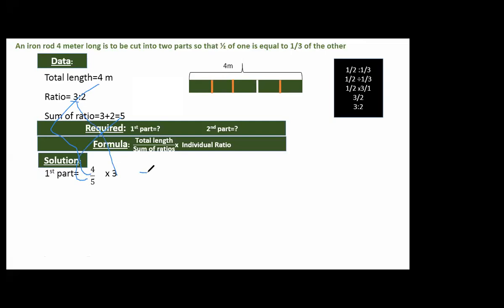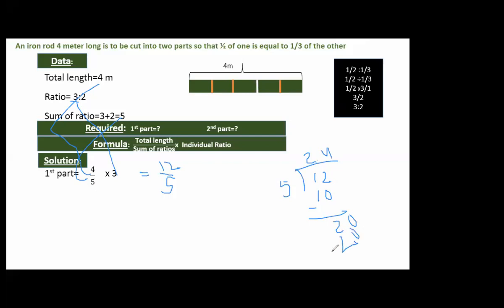So 4 threes are 12 over 5. 12 over 5 means I can divide 12 by 5. 5 twos are 10, so I get 2 here, then point 0. 5 fours are 20.